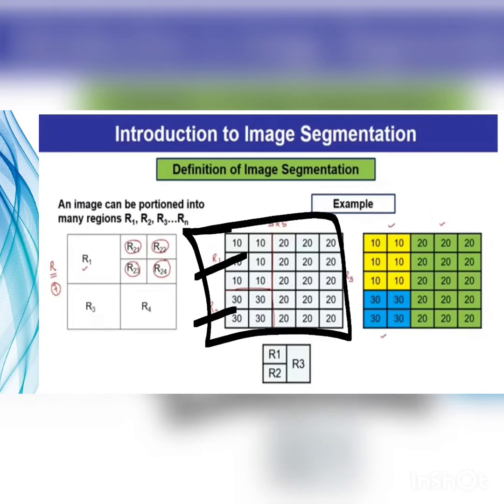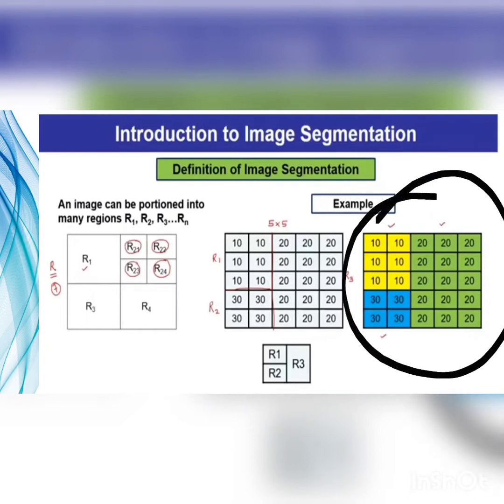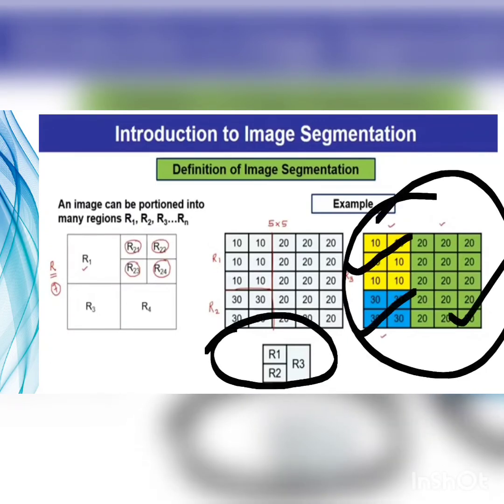Here I am highlighting the same image with some colors so that you can easily understand the regions. This is one region, this is another, and this is another. So this is basically just partitioning an image into different regions.